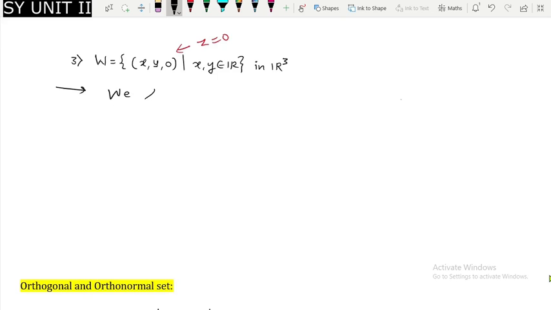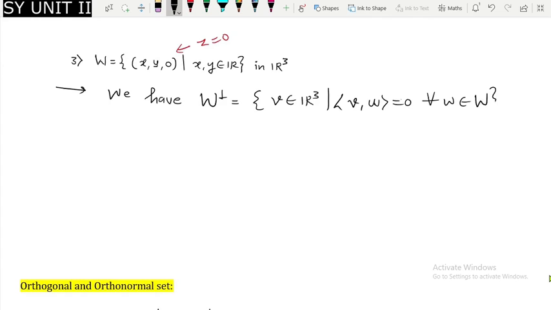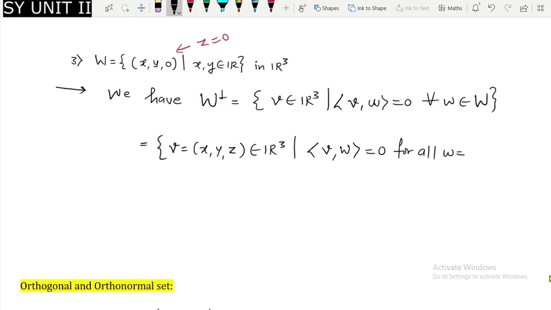In this case our vector space is R3, so W perp is the set of all V belonging to R3 such that the inner product of V with W is equal to 0 for all W belonging to W. So which is equal to the set of all V equal to (x, y, z) belonging to R3 such that the inner product of V with W is equal to 0 for all W equal to (x, y, 0) belonging to W, as given in the example.